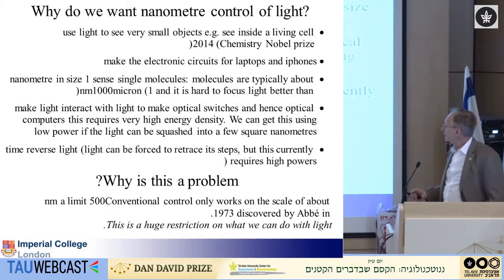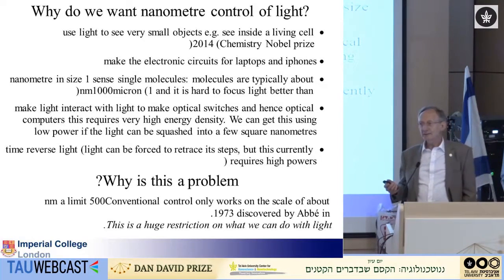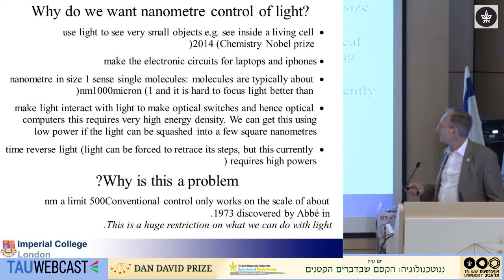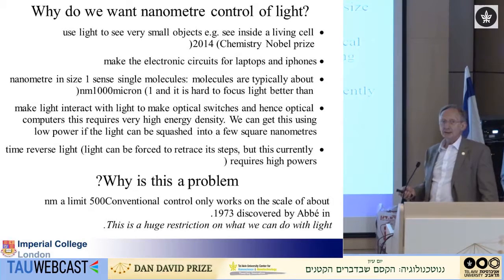Another issue which we might run into is to make light interact with light. So electrons interact with electrons very readily because of their charge, and through that we have extremely sophisticated control of electrical currents, which ultimately lead to all the chips inside your computers and iPhones and so on. But light doesn't naturally talk to light. This beam of laser light passes straight through all the other photons which are coming into the lecture theatre.